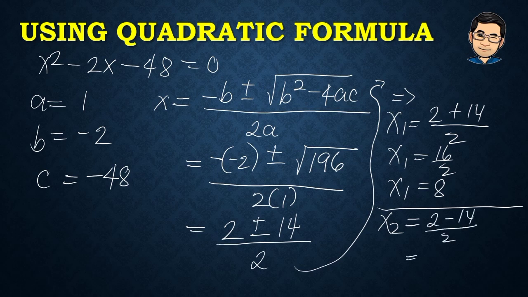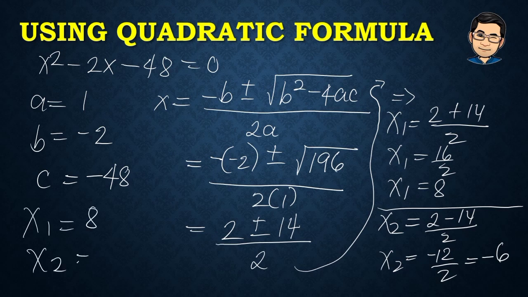So, 2 minus 14, that is negative 12 over 2. So, the value of x sub 2 is negative 6. So, as you can see, yung ating mga roots, rational sila at the same time unequal. Iba ang 8 sa negative 6. So, sulat natin dito yung mga roots. X sub 1 is 8 and then x sub 2 is equal to negative 6.